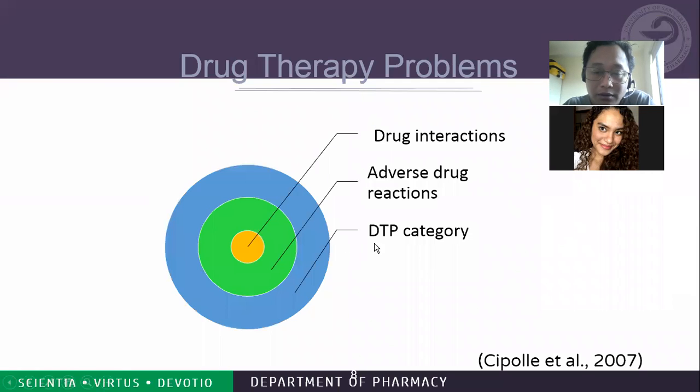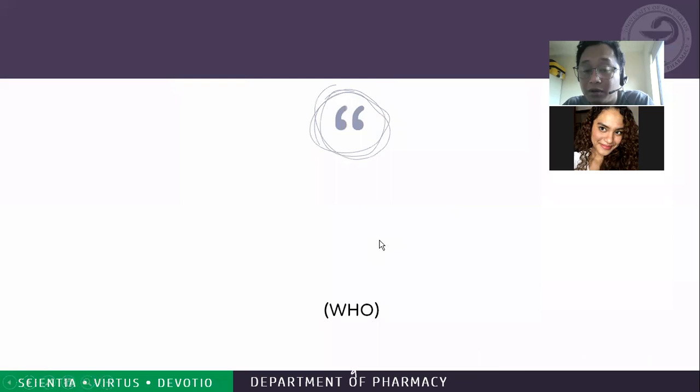I mentioned DTP. DTP is drug therapy problems, and sometimes people call it drug-related problems. So in terms of terminology, we have a lot of terminology, and please bear with it.